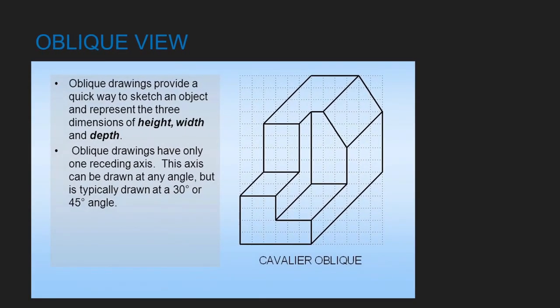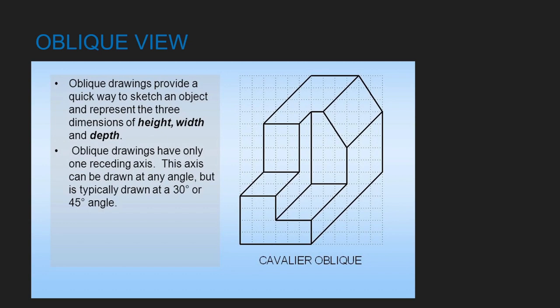And here is the same concept as isometric, but here we create only one preceding angle, either 30 degrees or 45 degrees. Only one side will be angled, which makes an axis for z.